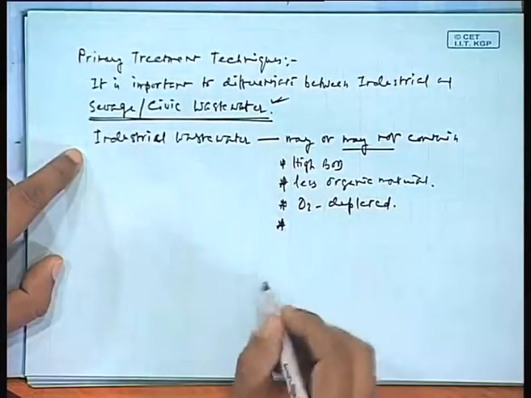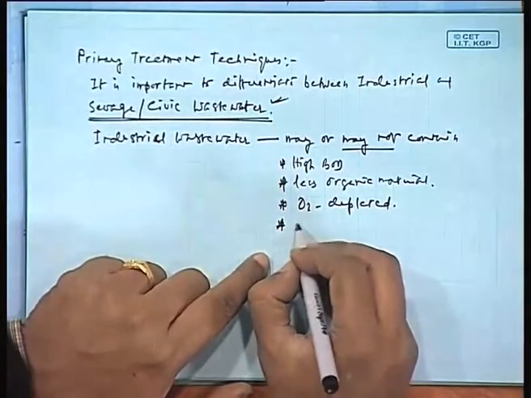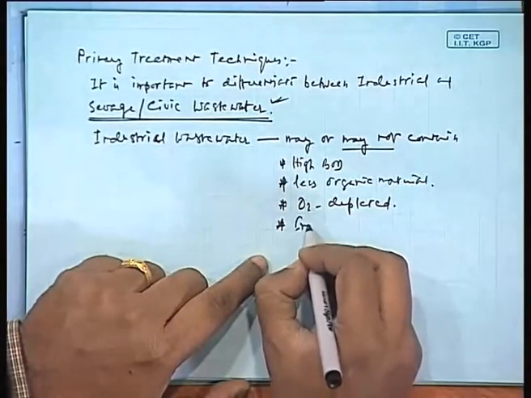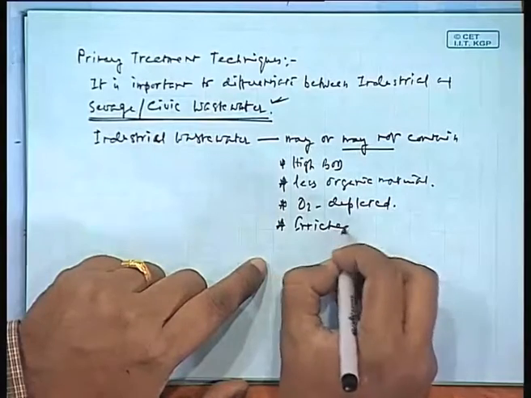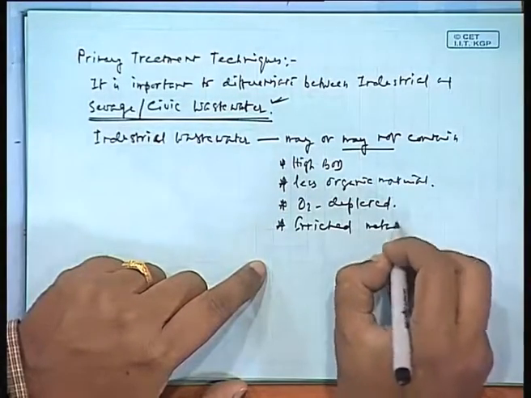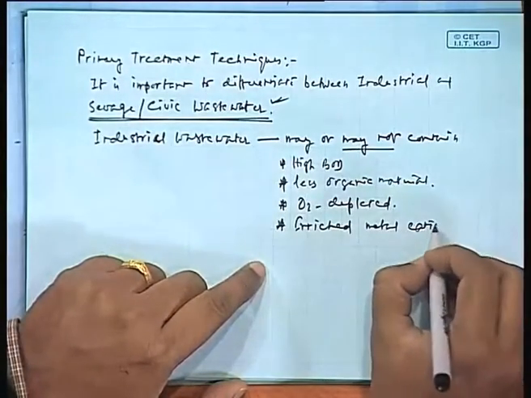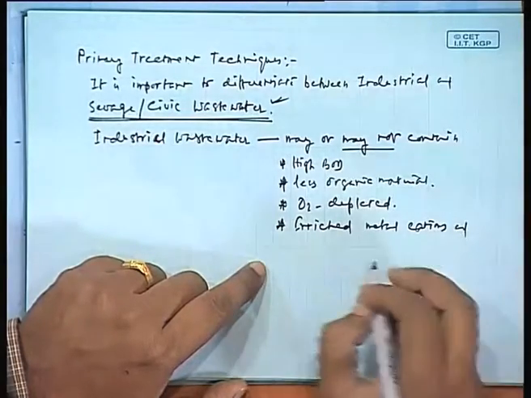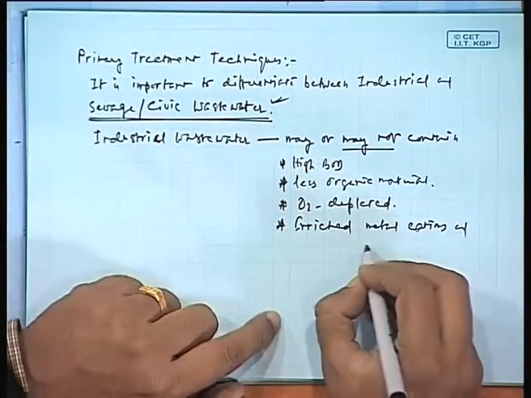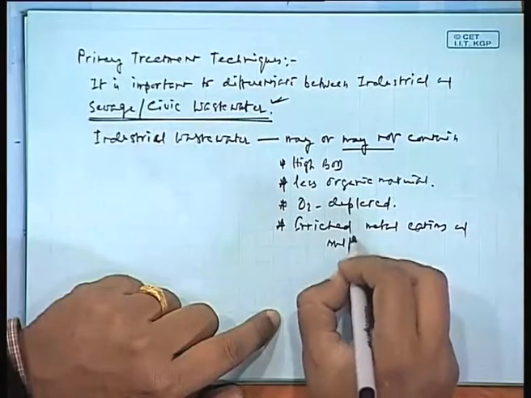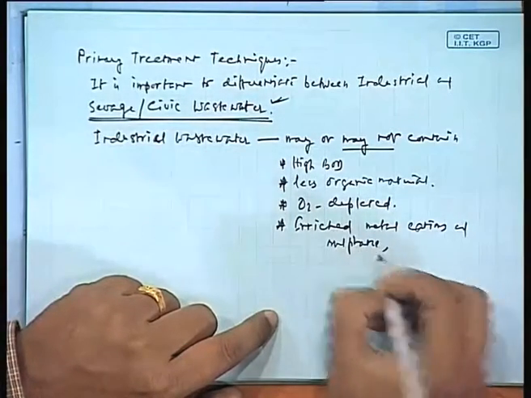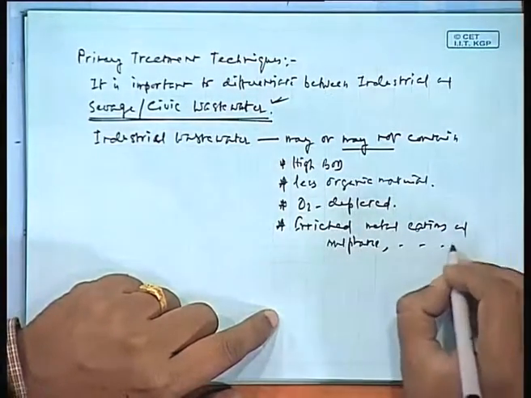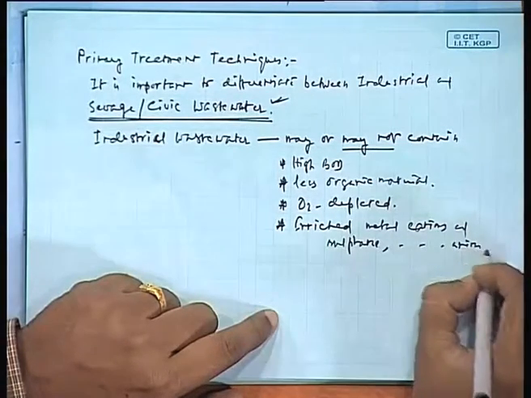And finally, the most important part is they would have enriched metal cations and sulfate, carbonate, bicarbonate anions. Okay.